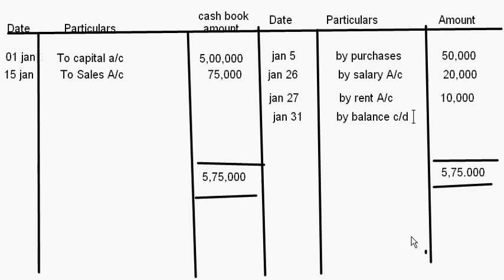So 5,75,000 minus 80,000, that is 4,95,000 will be your balance here. Fine. So the cash book is balanced, and then February 1st we'll have like this, right?